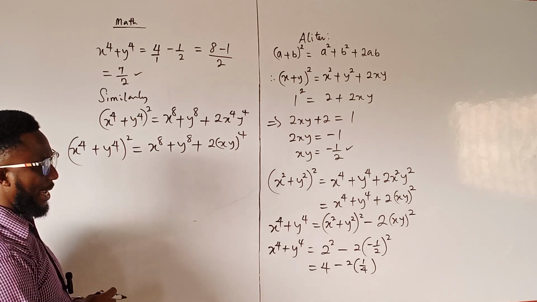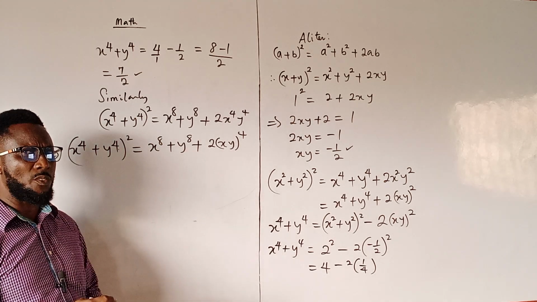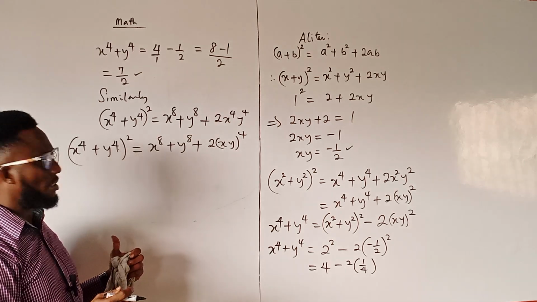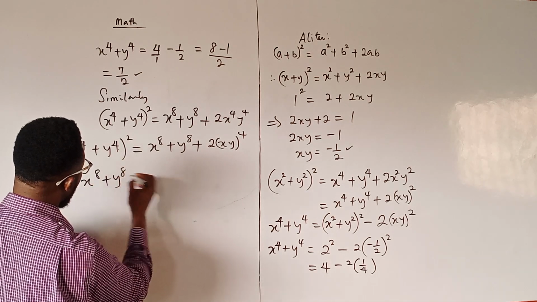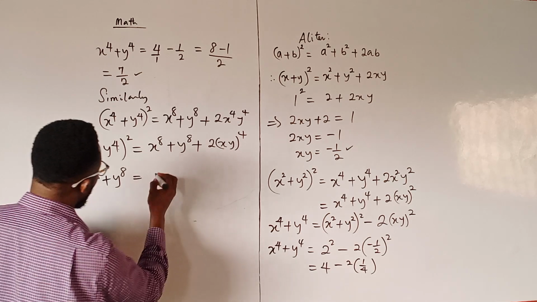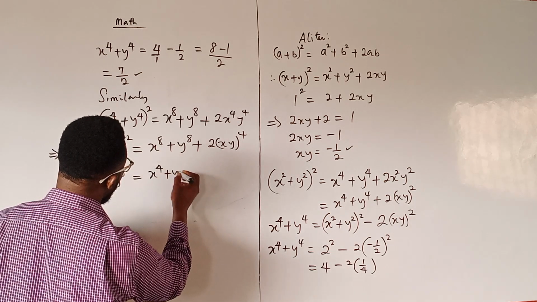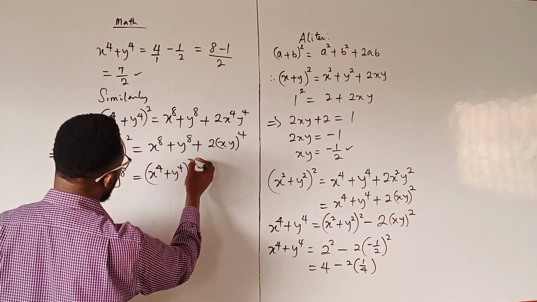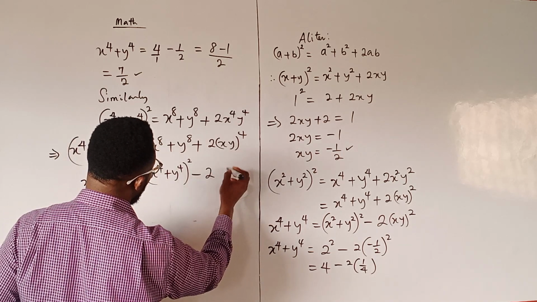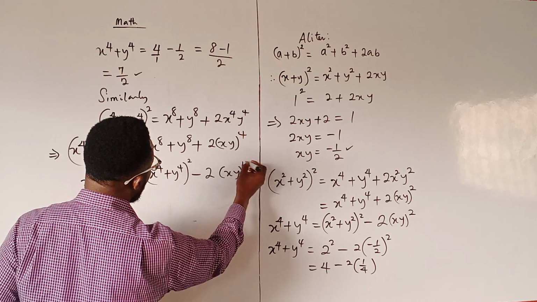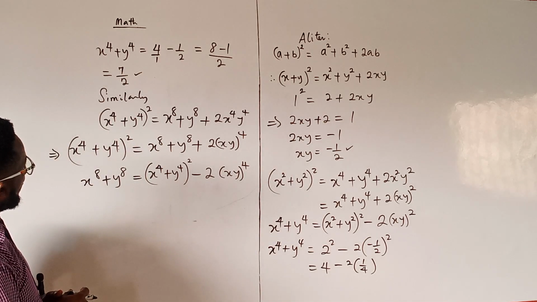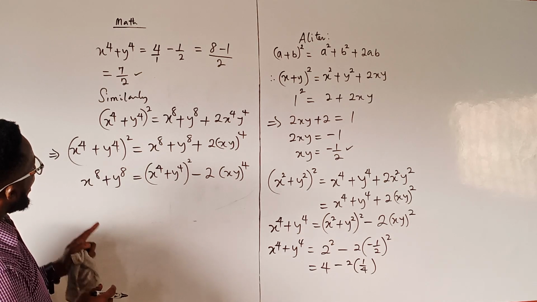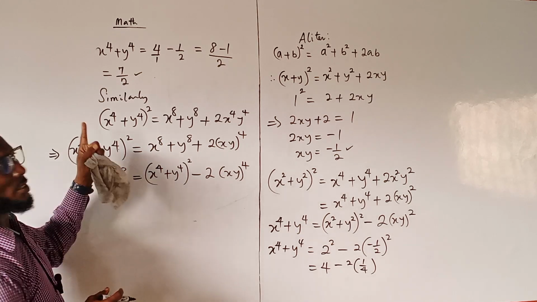Now, I can isolate s to the 8th plus y to the 8th. You are seeing the beauty in this. It's going to be s to the 4th plus y to the 4th all squared minus 2sy raised to the 4th. Now, s to the 4th plus y to the 4th is 7 upon 2.